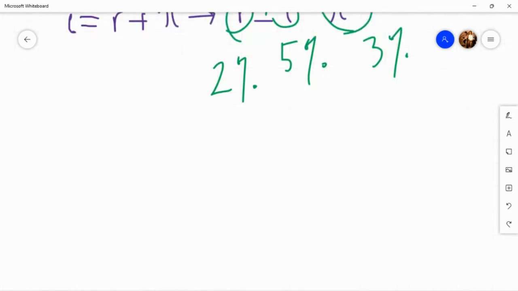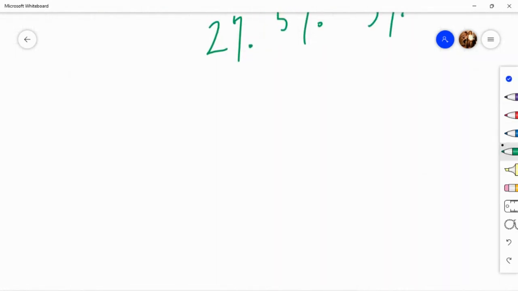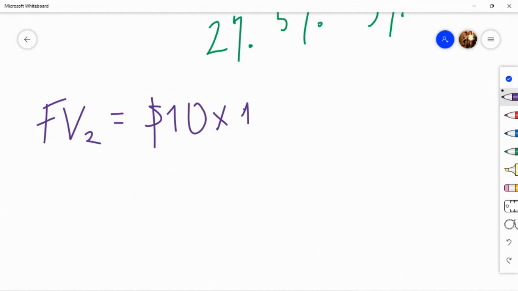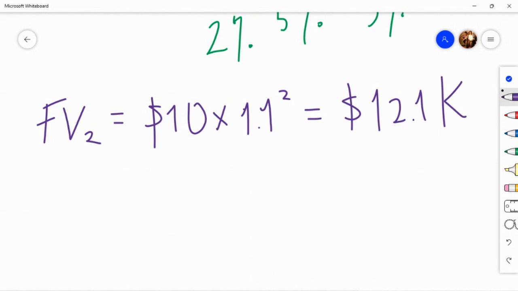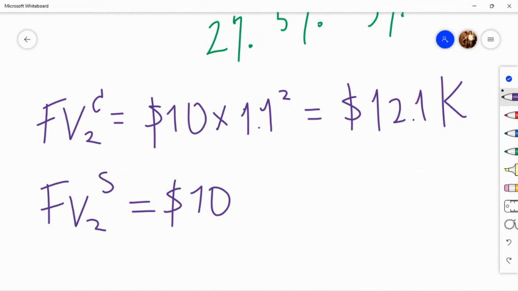You remember yesterday, I gave you the future value at the end of year 2 of 10K at 10% interest rate, 1.1 raised to 2. So it comes to 12.1K. That's compounding. But by simple interest rate, it's only 12K.